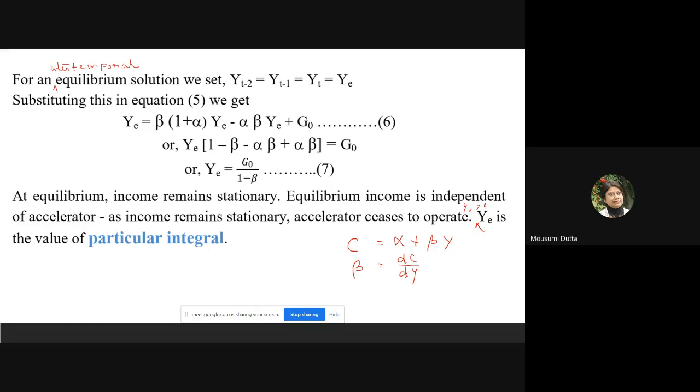This concept is not related to this particular problem. It is not related to the difference or differential equation, or to the dynamic framework. It is relevant equivalently for the static framework too. This is the basic idea of marginal propensity to consume. That's all.